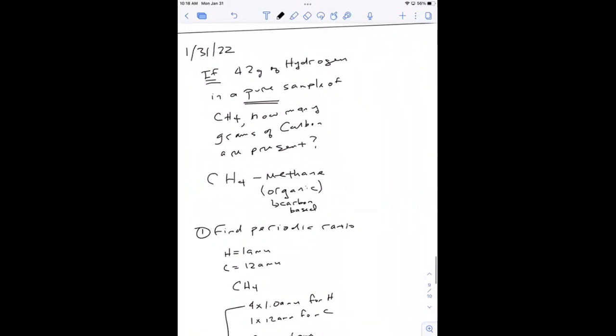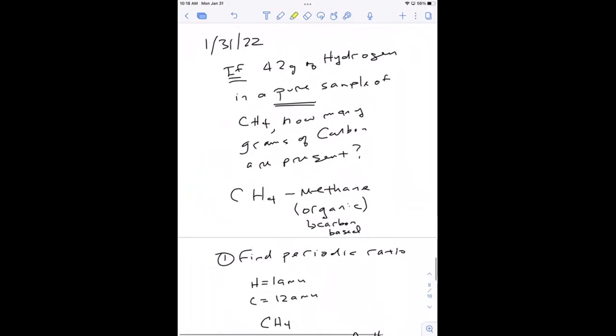let's go back and examine this question. It gave us 42 grams of hydrogen. It gave us the molecular formula of CH4, and it asked us how many grams. So this is what we're looking for, how many grams of carbon, right? And the word "if" is very telling for these types of problems.